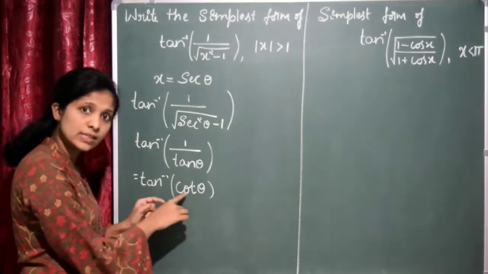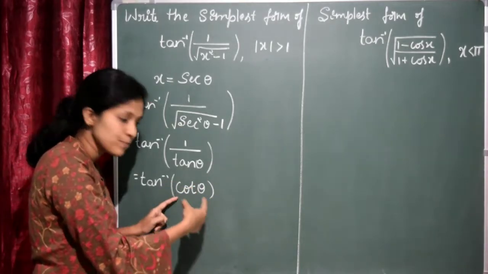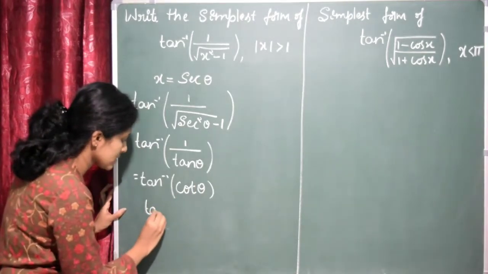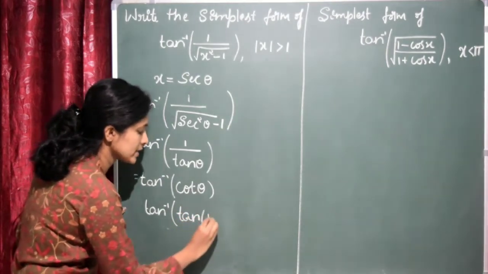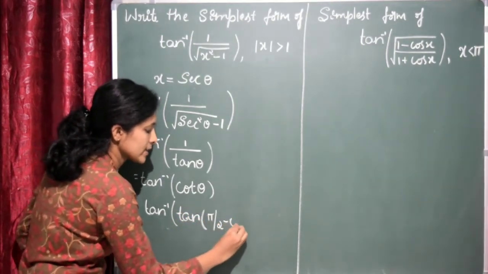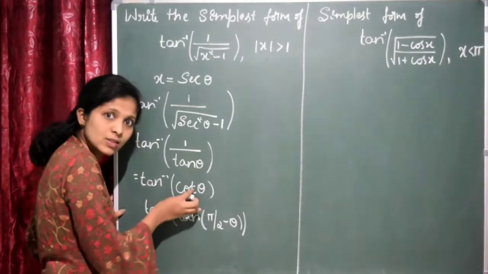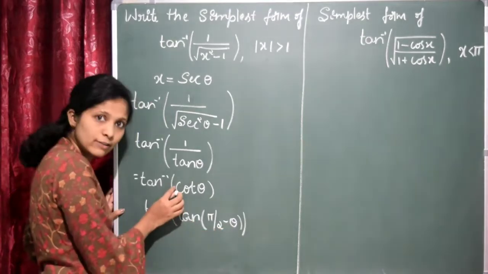But here tan inverse is there, and here cot is there. But we need this one in the form of tan. What can we do here? We can convert cot into tan. So cot theta can be written as tan inverse of tan of pi by 2 minus theta. Can be written like this. Tan of pi by 2 minus theta. Pi by 2 means tan changes to cot. Pi by 2 minus theta lies in the first quadrant, so the sign will be positive.